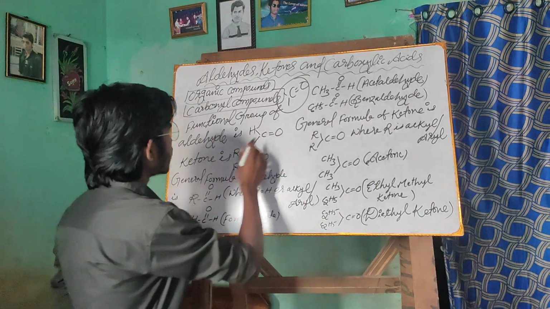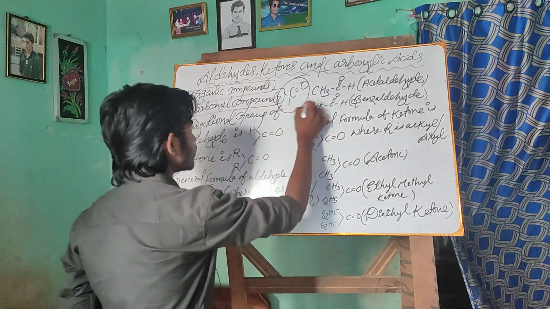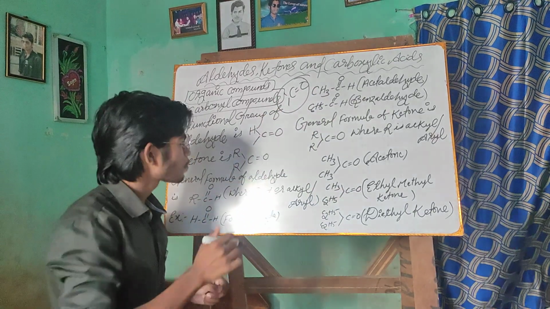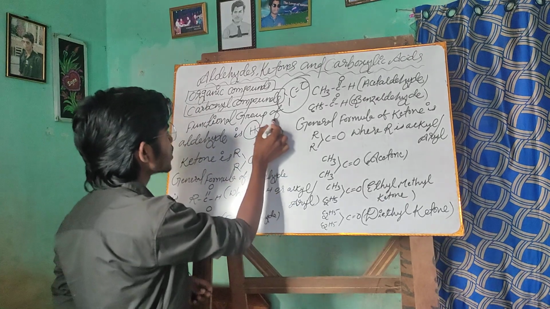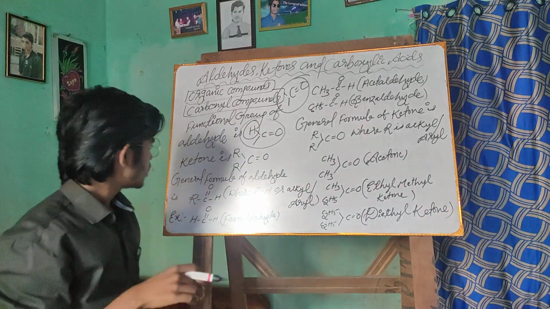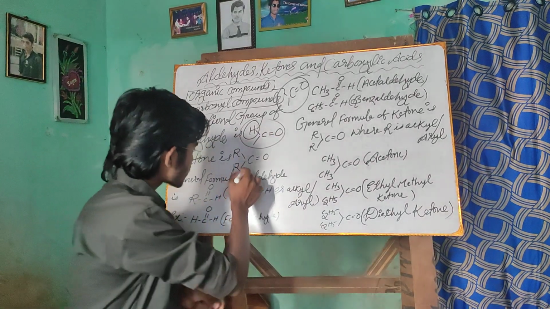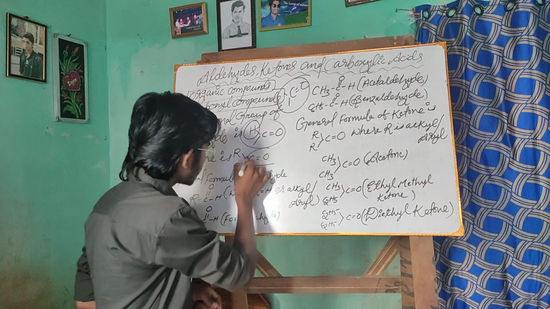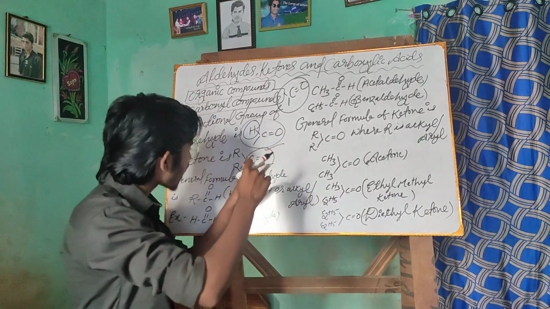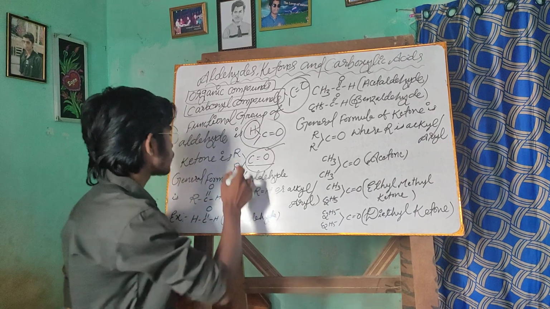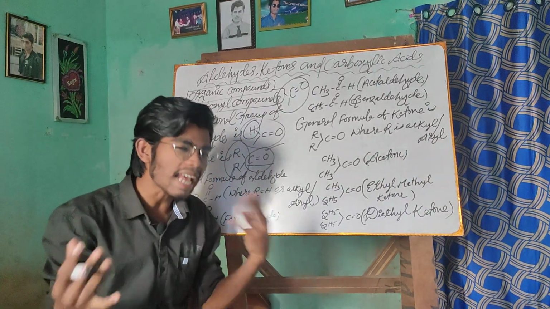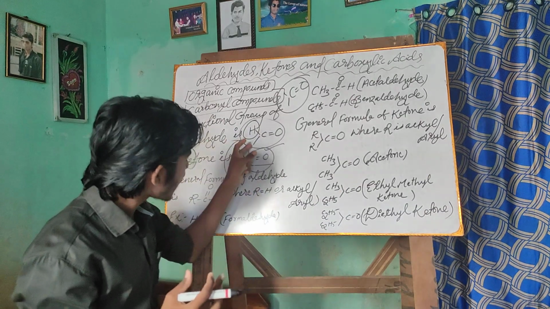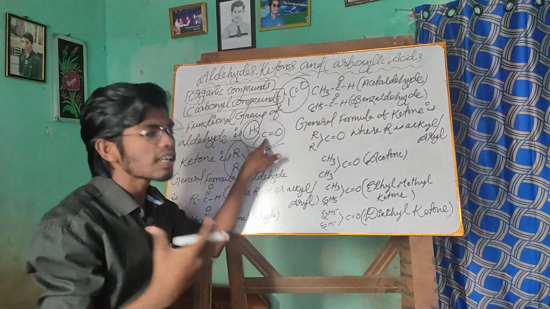And here, in this carbonyl group, in case of the aldehyde, at least one hydrogen atom is attached to the carbon atom of the carbonyl group. Similarly, in case of the ketone, two alkyl groups or aryl groups are attached to the carbon atom of the carbonyl group. In case of the aldehydes, at least one hydrogen atom is attached to the carbon atom of the carbonyl group.